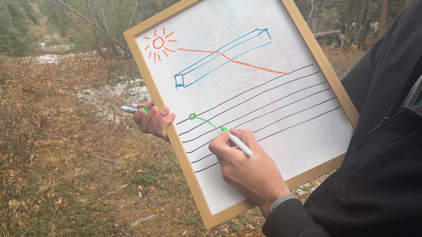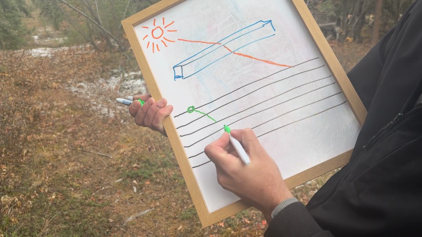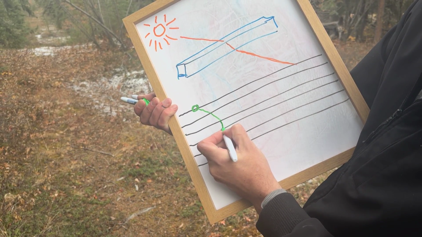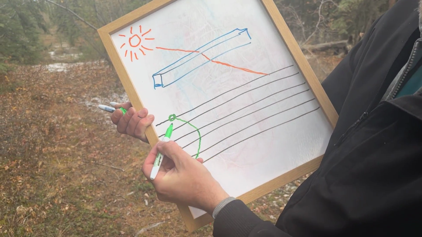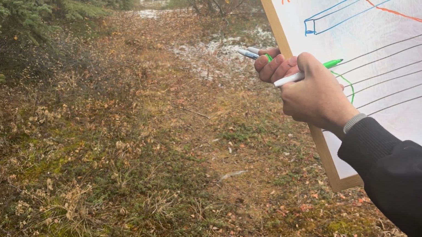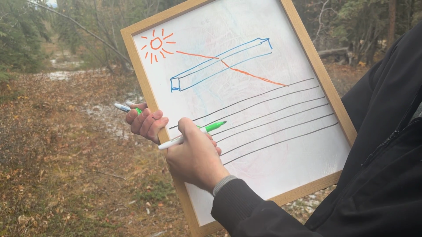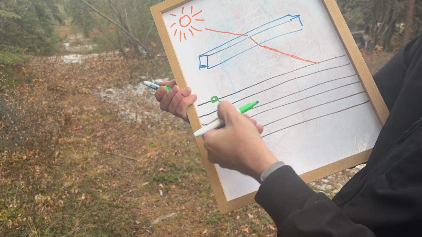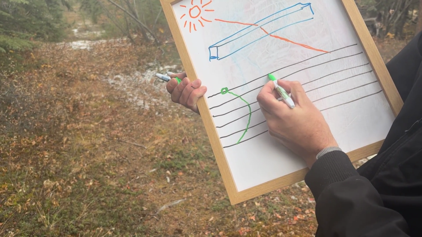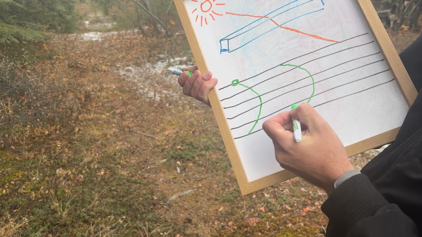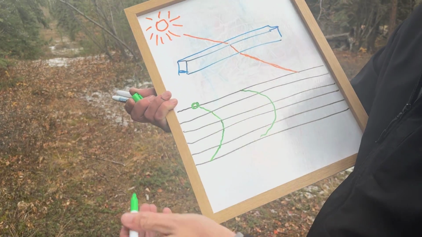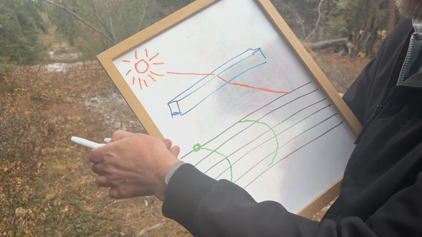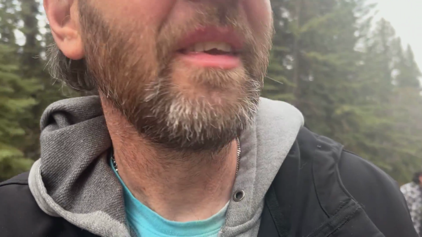And then it gets to this layer, which is more dense than this one. But because the layers progressively get more and more dense, it's not layer by layer, it just does this curve as it goes down into the earth, and then eventually it makes its way back up. It's pretty cool.